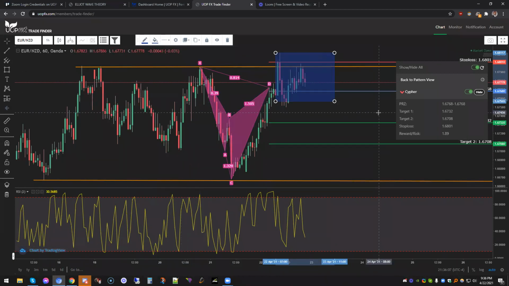Now, I typically don't like trading in the Asian session, as I said, because in a lot of cases, the Asian session can cause very big spreads. So you don't really want to be trading at a time when you're at a disadvantage with the spreads. So I try to focus on the European session and the US session.